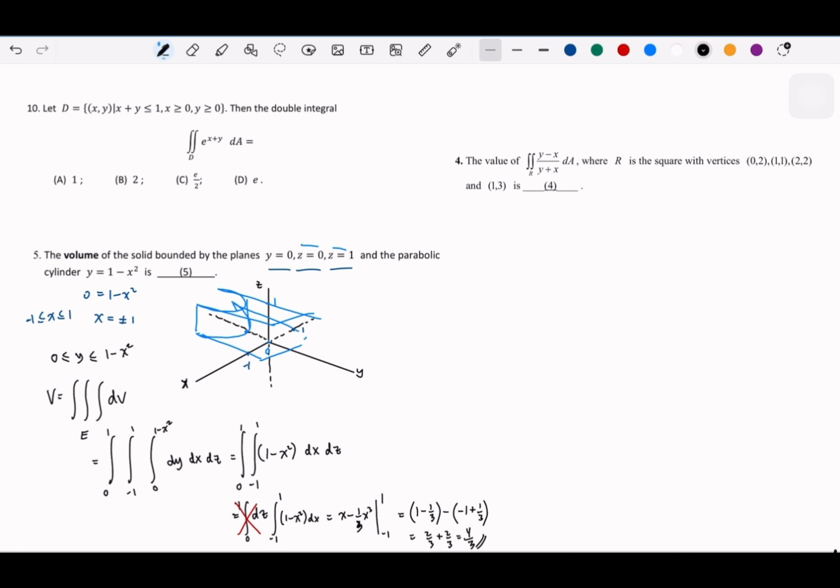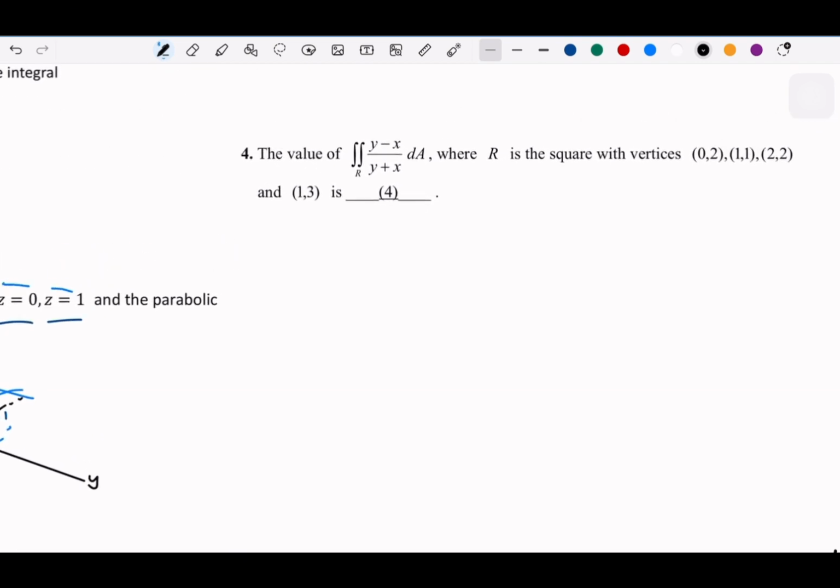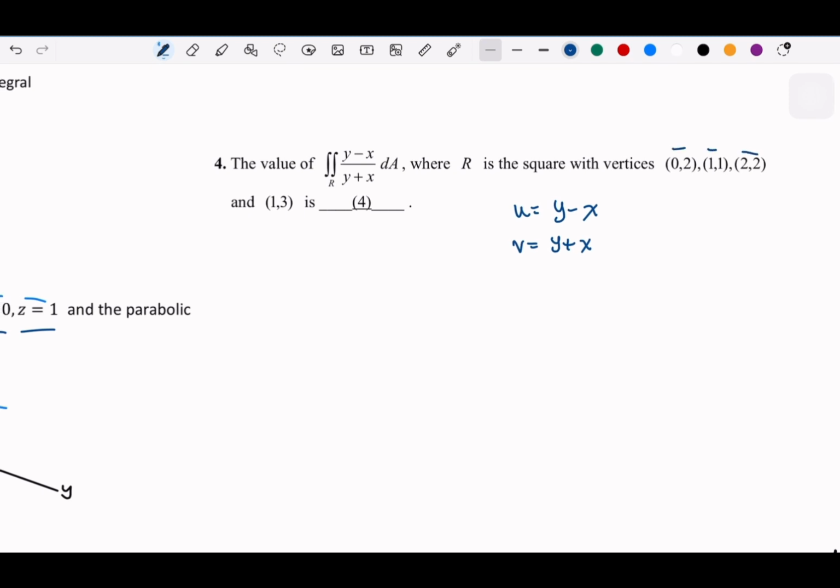Okay? So what I mean is, perhaps taking u as y minus x, and then v is y plus x, and then we have all these points, right? So for 0 and 2 we have a new uv, which is 2 minus 0, which is 2, and then y plus x, so 2 plus 0 again, so 2, 2.